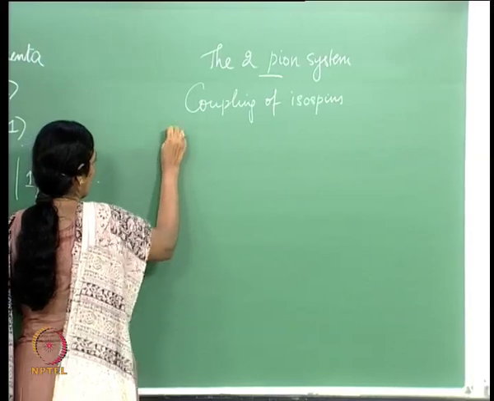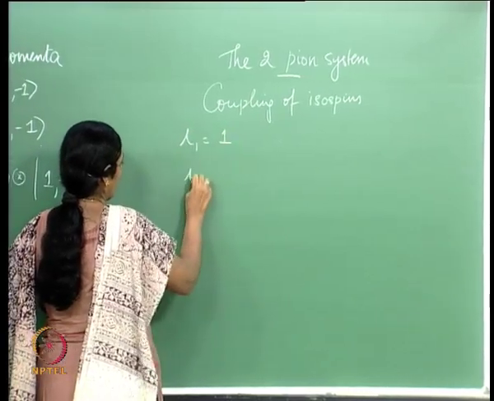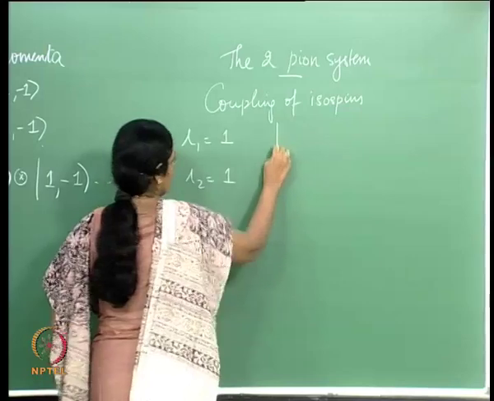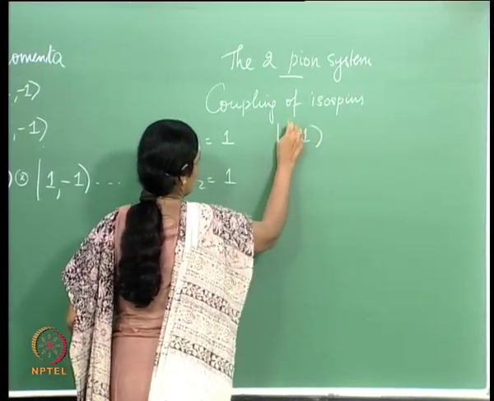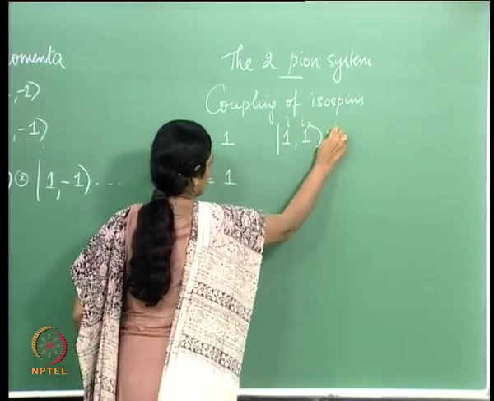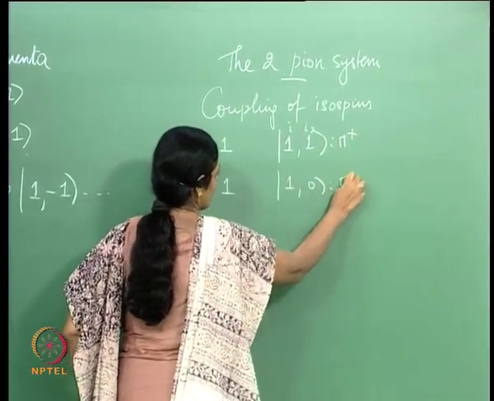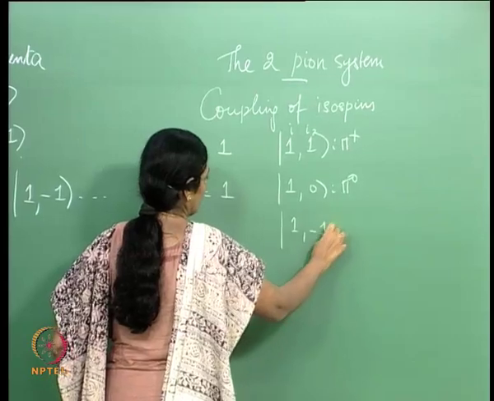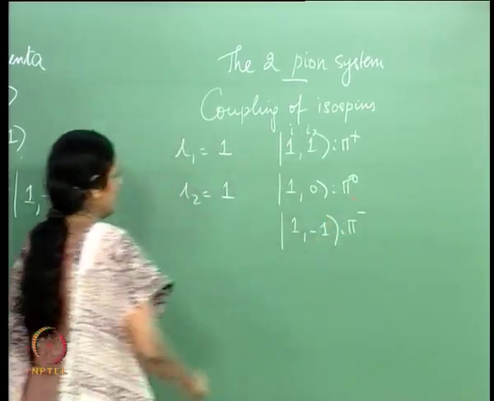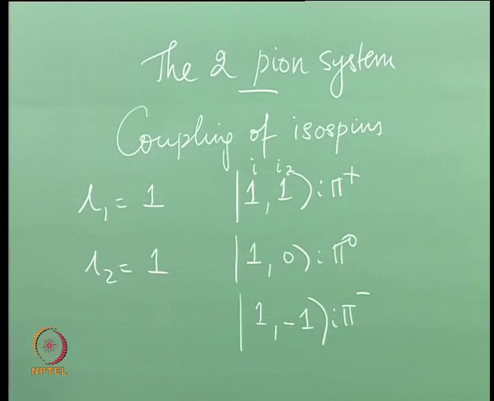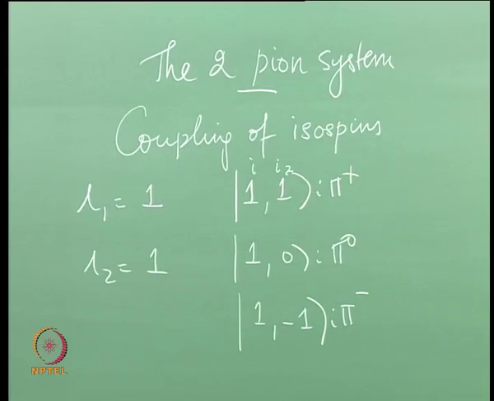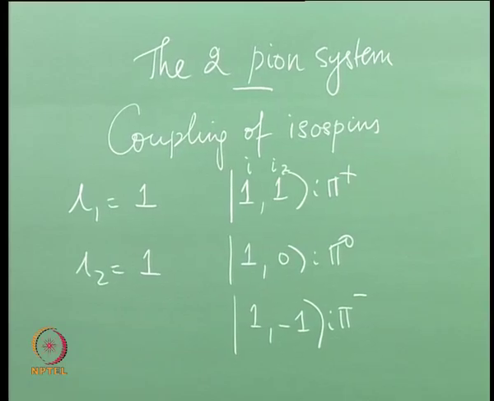So I have I1 equals 1, I2 equals 1, which means I have the state 1 comma 1, which is the pi plus, 1 comma 0, which is the pi naught, and 1 comma minus 1, which is the pi minus. As I said earlier, just have to replace J by I and M by Iz, and the entire angular momentum machinery follows as such.